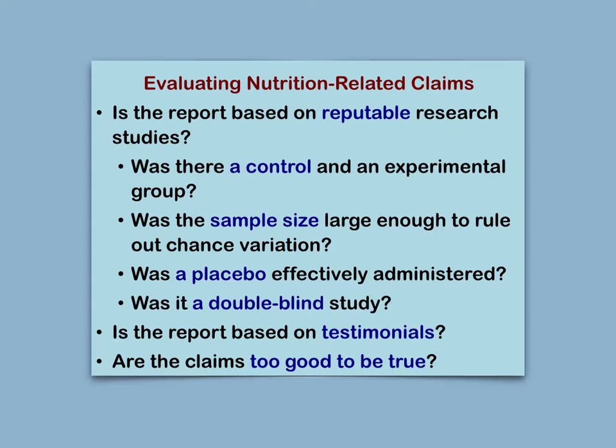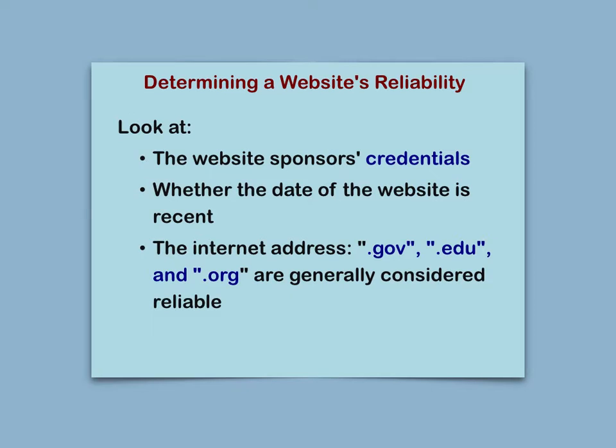In the 21st century, most of you probably tap into the internet and research certain things. How reliable is information that you gather from a website? Well, it depends on who sponsors the website and whether they have credentials, whether the date of the website is recent, within the last 2-3 years.